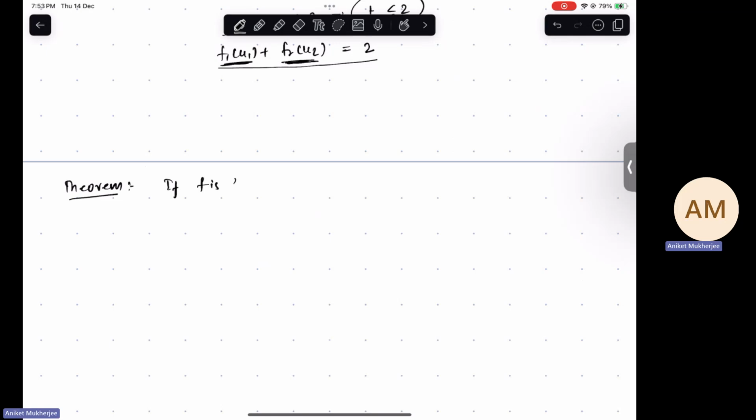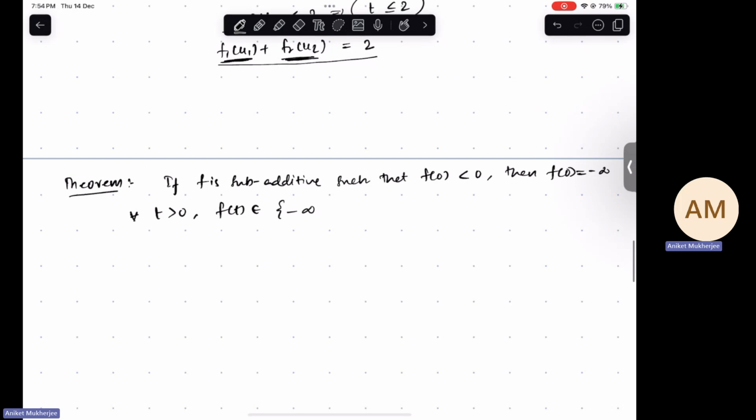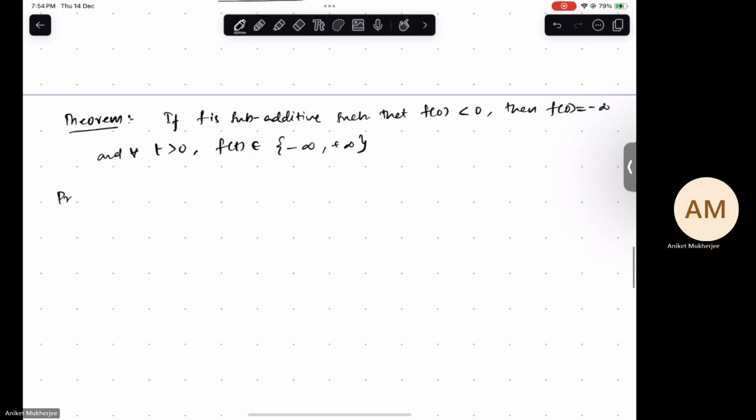If F is subadditive such that f of 0 is less than 0, then f of 0 equal to minus infinity, and for all t greater than 0, f of t belongs to minus infinity or plus infinity. Okay. So proof.